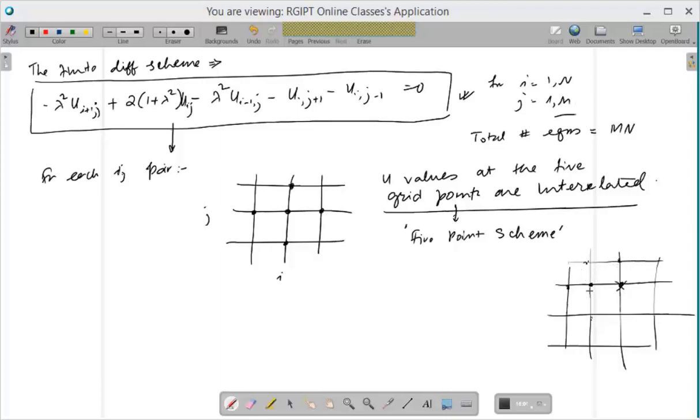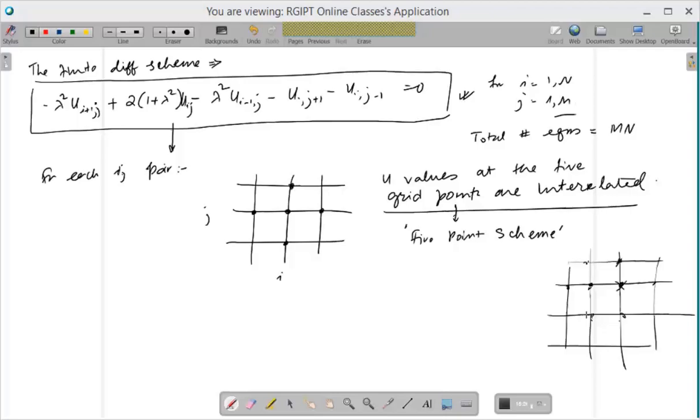So here temperature will be the average of this one, this one, this one, this one. What we know is that the interdependency of these 5 points is stated by the simple fact, which is any point is the average of the 4 neighboring points. Okay. So this way these values are interrelated.